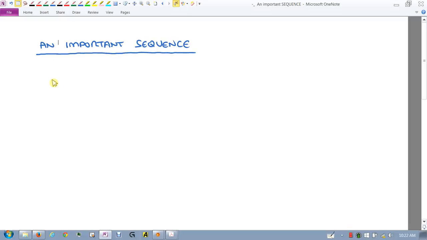But anyways, all right, an important sequence that we should be aware of: a sub n equals r to the n, where r is a real number. No, we want it to be positive. Sorry, r is greater than 0, and r is a real number.